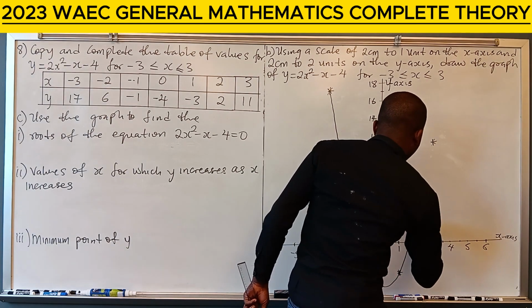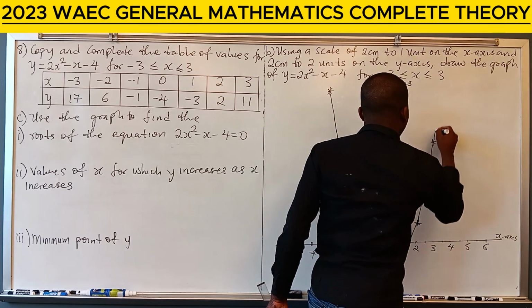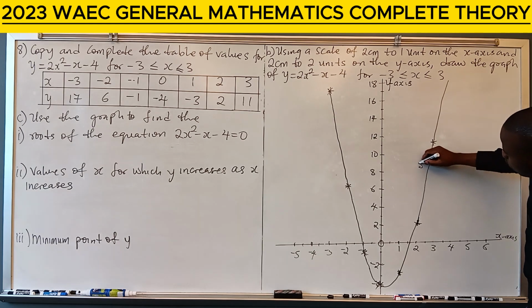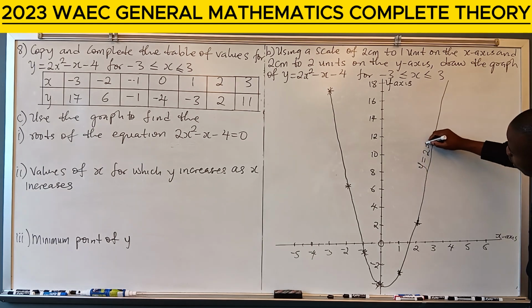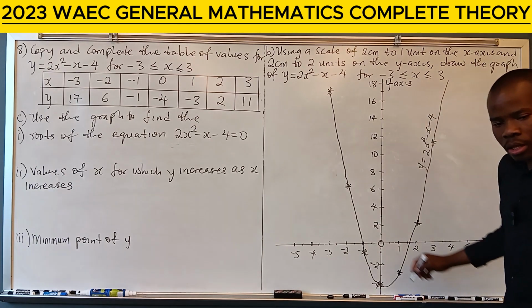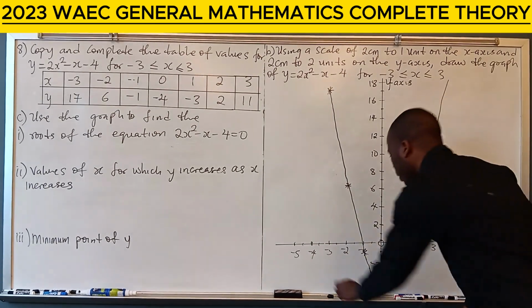And so you label the graph you drew y equals 2x squared minus x minus 4. Now this is the graph. I tried.